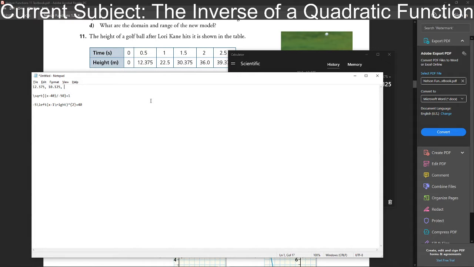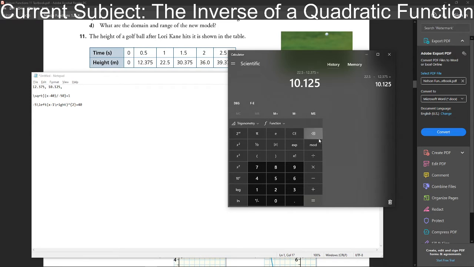That's not 10. Clear. 30.375 minus 22.5.